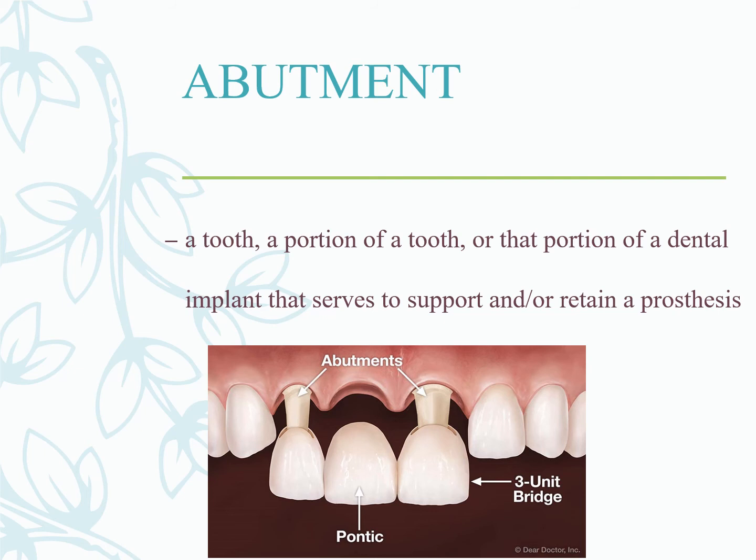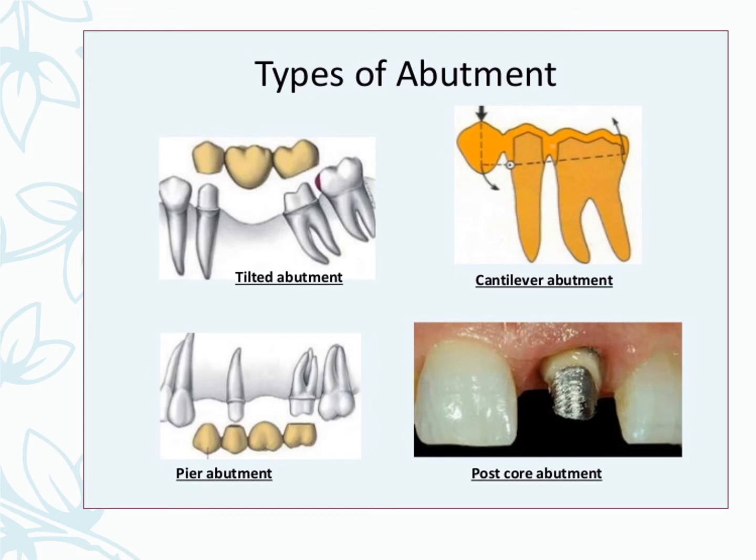An abutment is a tooth, or a portion of the tooth, or that portion of a dental implant that serves to support or retain a prosthesis. As you see in the picture, the prepared tooth adjacent to the edentulous space is called the abutment. There are different types of abutments. This is not a proper classification, but it is just for your knowledge.